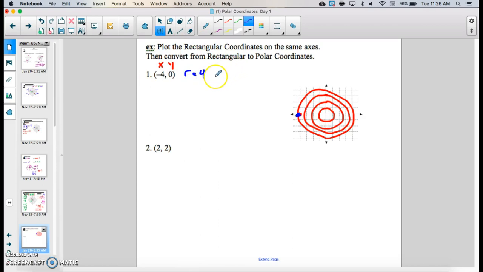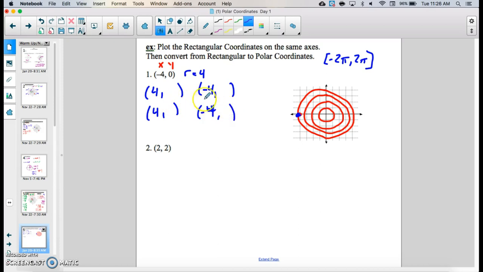And then we are going to write all of the different coordinates that are between negative 2 pi and 2 pi, just like we did earlier in the notes. So we are going to do positive 4 and another positive 4 point, and then we're going to do the negative 4 point and the negative 4 point. So if I had started at positive 4 and I wanted to get all the way over here, I had gone pi.